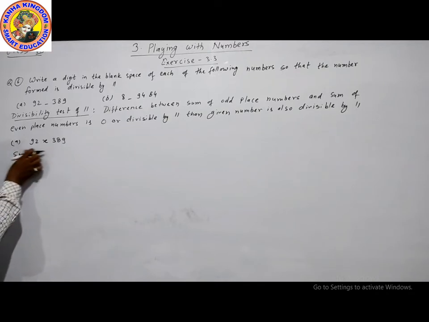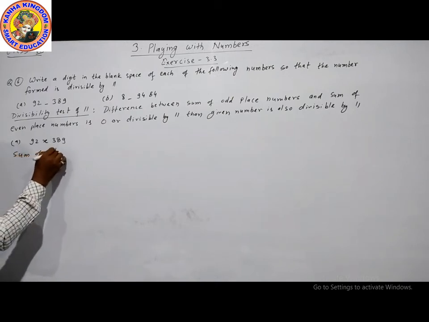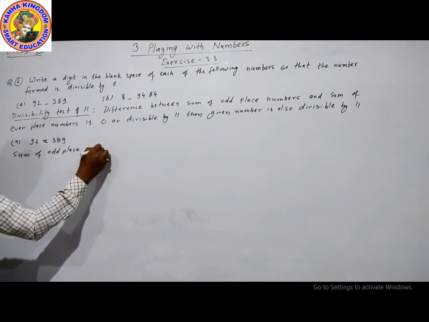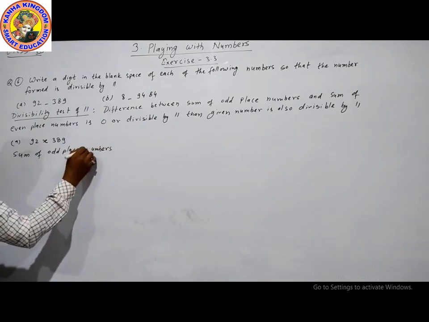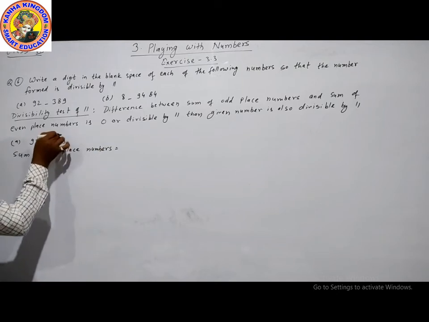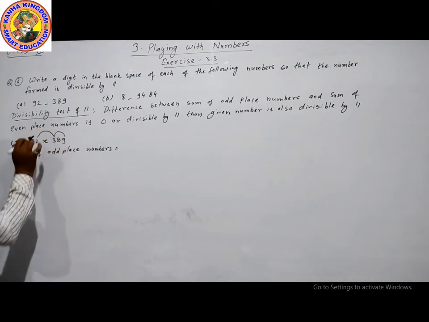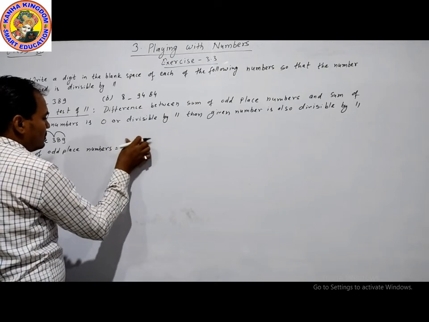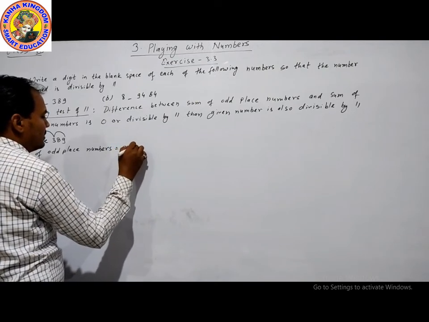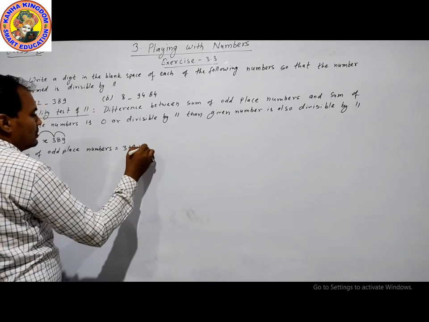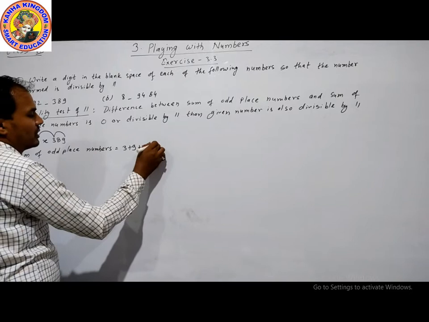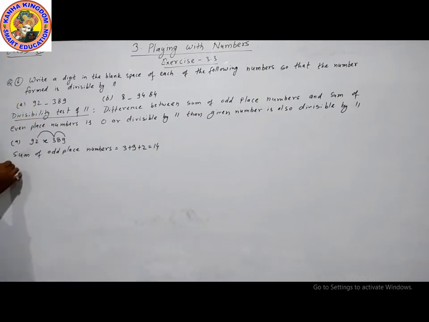First of all, sum of odd place numbers: 3, 9, 2. 3 plus 9 plus 2: 3, 9, 12, 2, 14. The answer is 14.